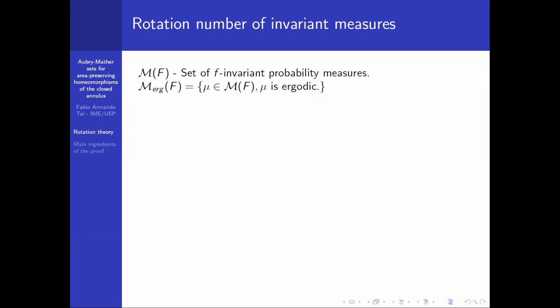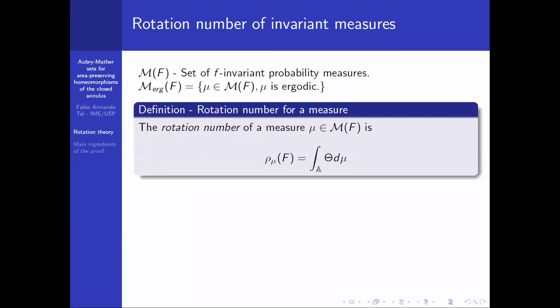So I have this set of invariant measures, and I can define what is called the rotation number of a measure. It's just the average of how much every point is moving in one direction. If you take the average of the displacement function, this gives you the rotation number for a measure on the whole circle. This is always defined, because you're integrating a function.